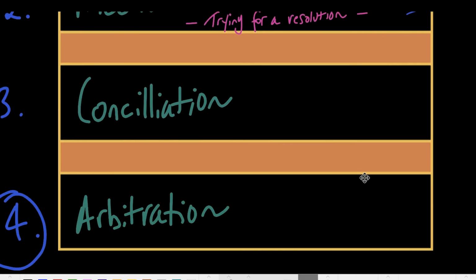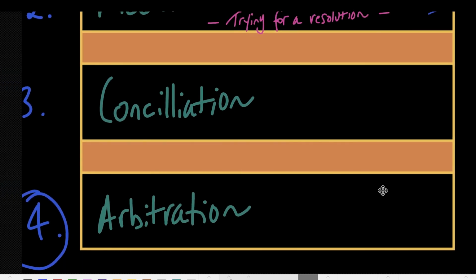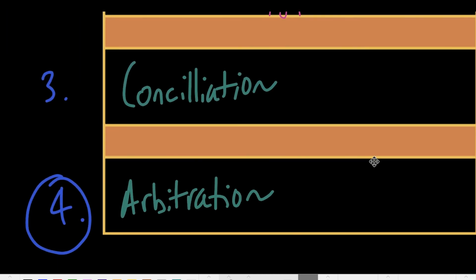So now we're getting more into the formal side. If we look at steps 3 and 4, here we are getting into the formal side of trying to resolve a dispute, because both conciliation and arbitration will take place through the Fair Work Commission.